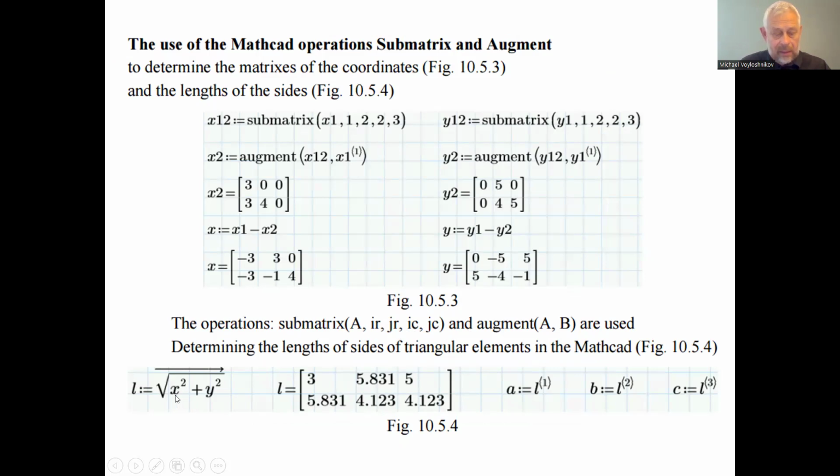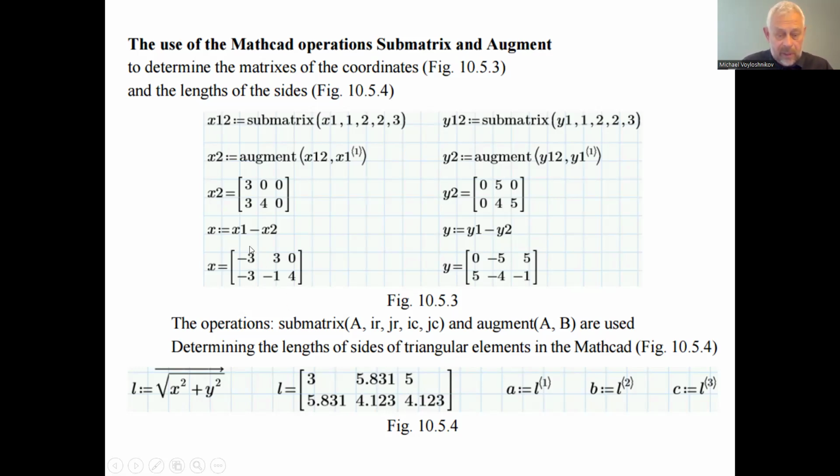How to do that? It is the square root, by the Pythagorean theorem, of the sum of the squares of the elements. And we use the vectorization option, available as well in the matrices and vectors panel of Mathcad. Why do we do that? Because we have to apply this formula to pairs of elements.